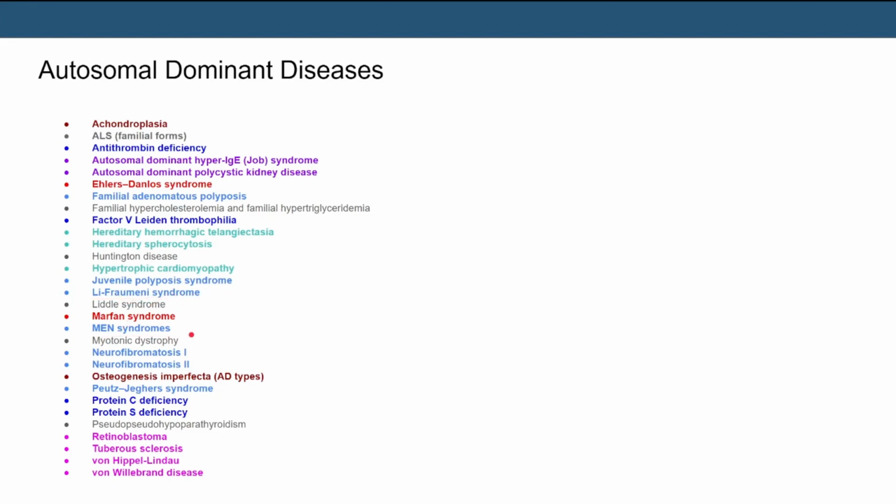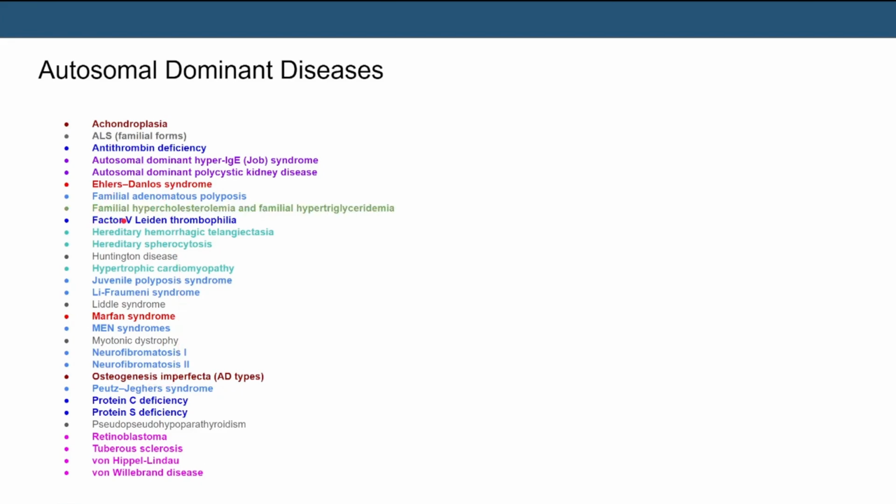You get MEN syndromes, so you can remember this by thinking that men are always dominant, they are strong, so MEN syndromes are autosomal dominant diseases. And neurofibromatosis 1 and neurofibromatosis 2, this is also going to be autosomal dominant, and Peutz-Jeghers syndrome, where you also get polyps in this disease.